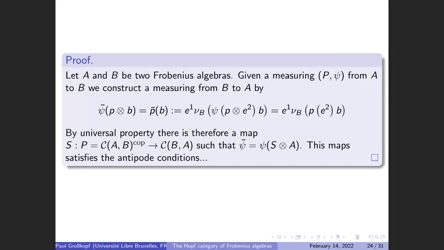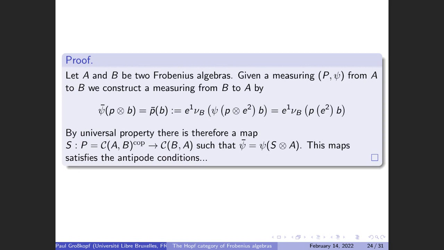Then in the case of Frobenius algebras, I first consider the Casimir elements. I apply my P on the second component, multiply by B, use the co-unit, and then multiply that in A by the first component.